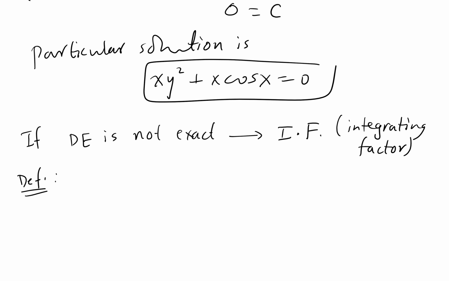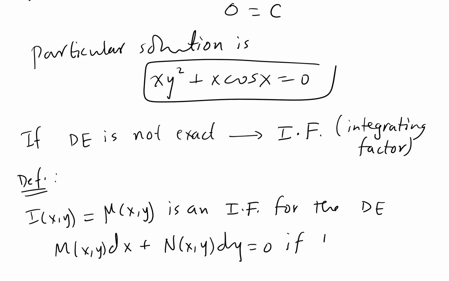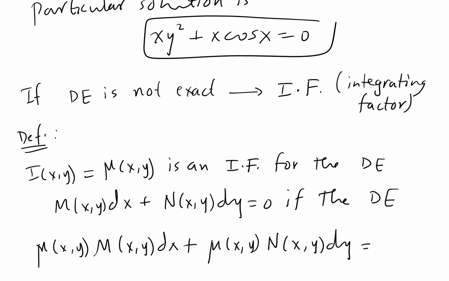Definition: I of xy, or you can use mu of xy, either one is fine, is an integrating factor for the differential equation mxy dx plus nxy dy equals 0 if the differential equation mu xy mxy dx plus mu xy n of xy dy equals 0 is exact.